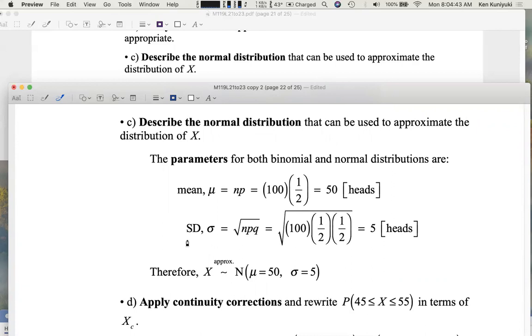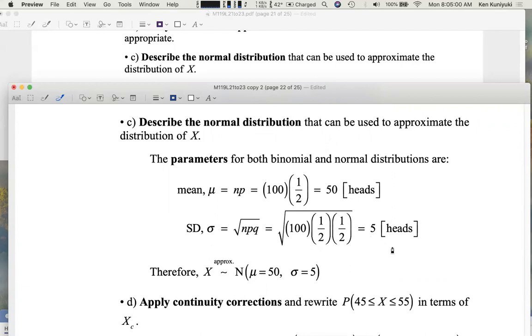The standard deviation, sigma, is given by the formula, the square root of npq, which is the square root of 100 times p is 1/2, and q is also 1/2. It turns out to be a nice integer, 5 heads.